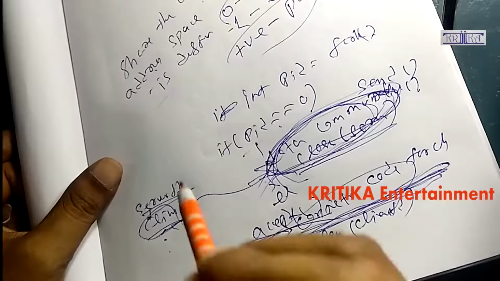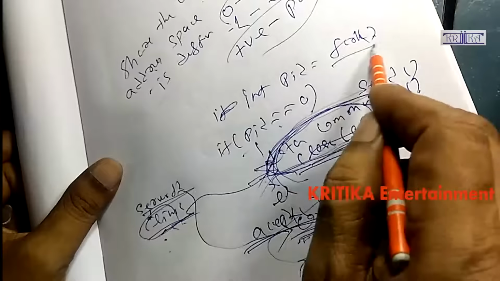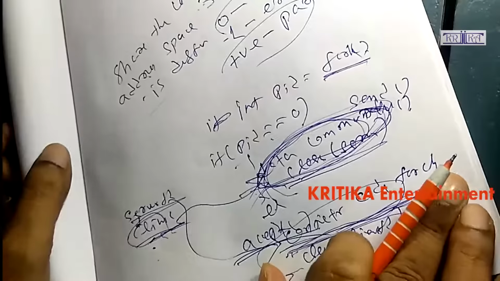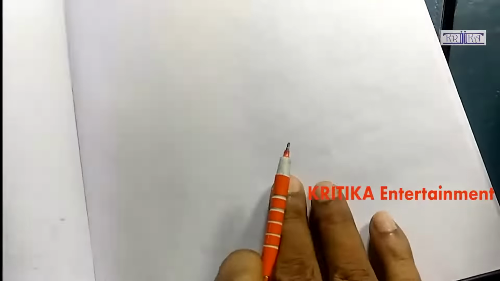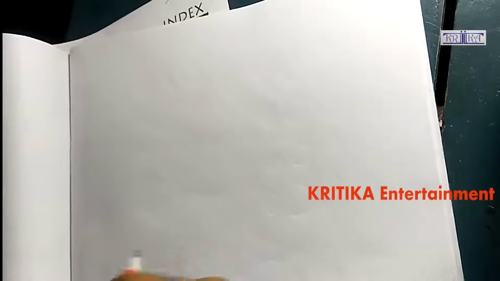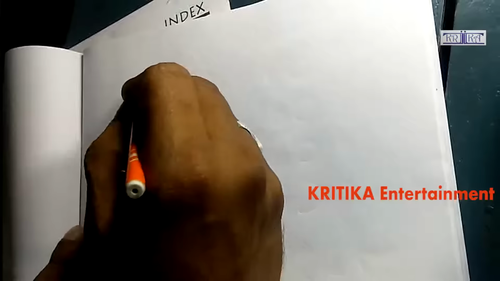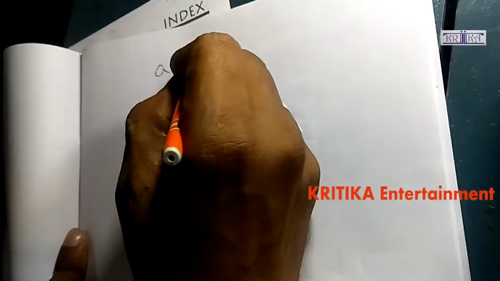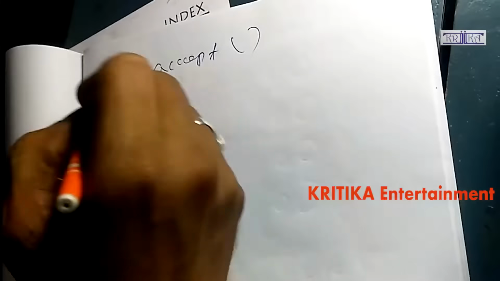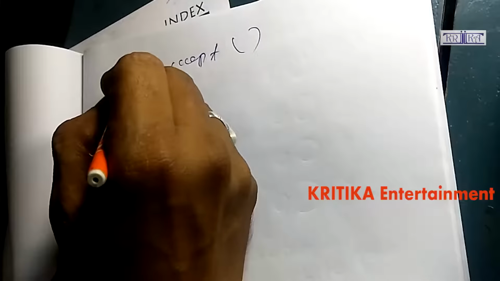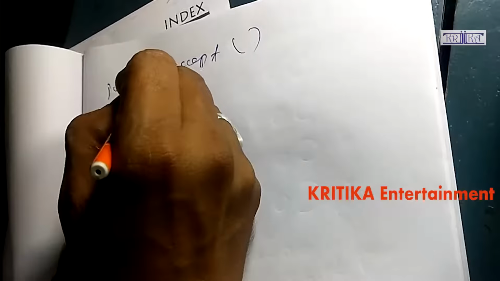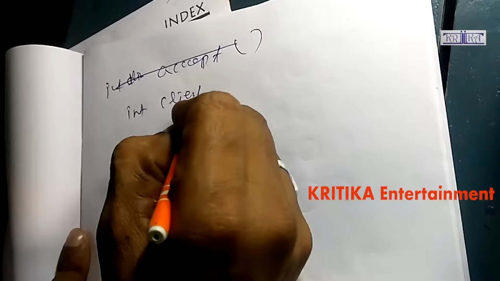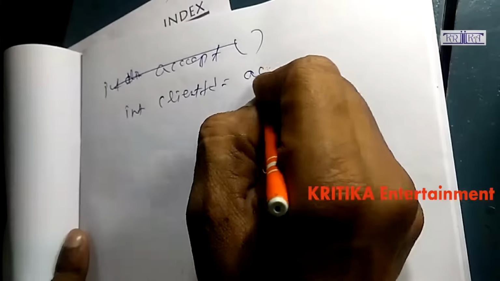But remember where the fork function is to be written. The fork function is written after the accept function. Suppose I write int client fd is equal to accept.